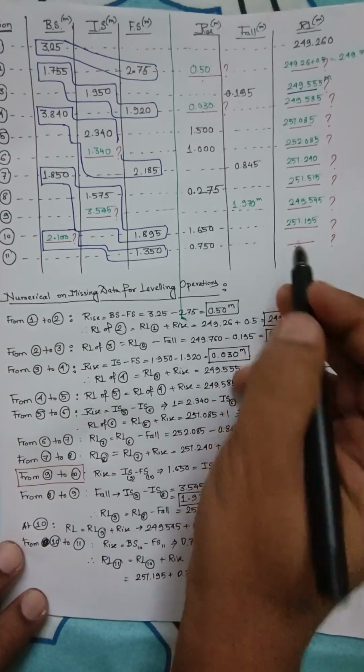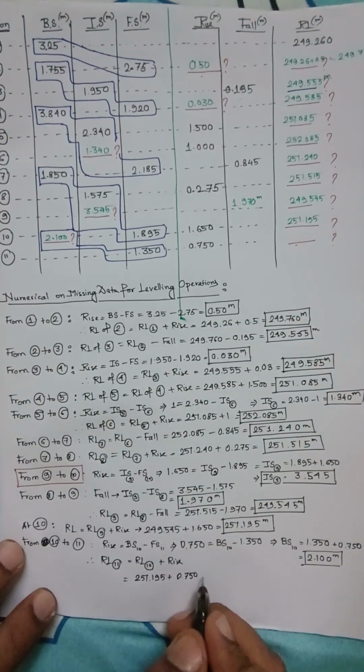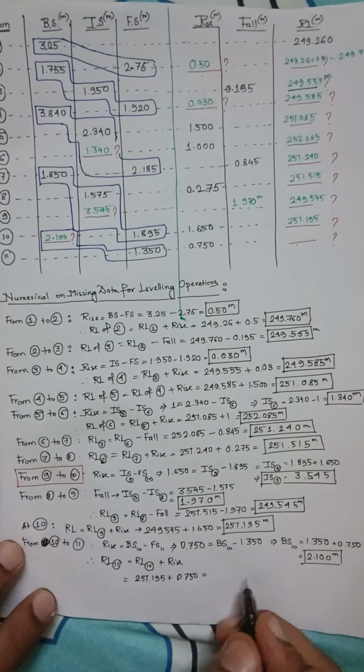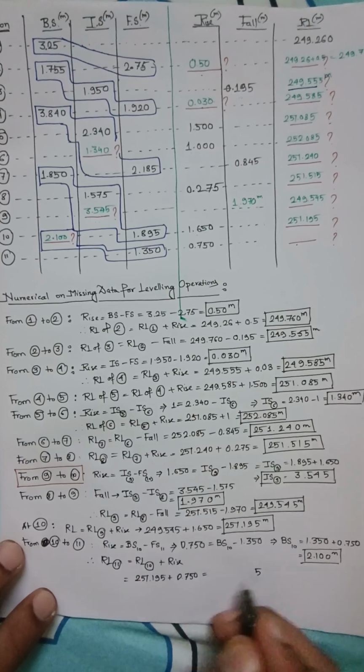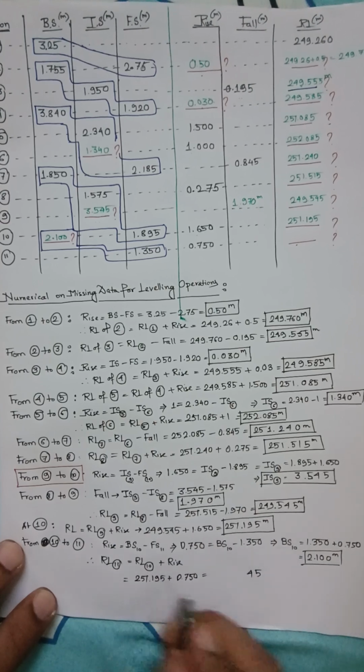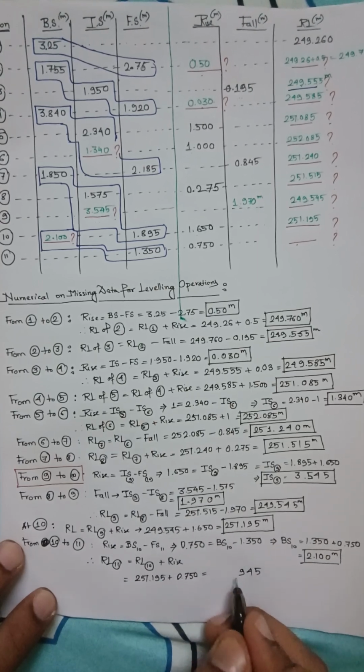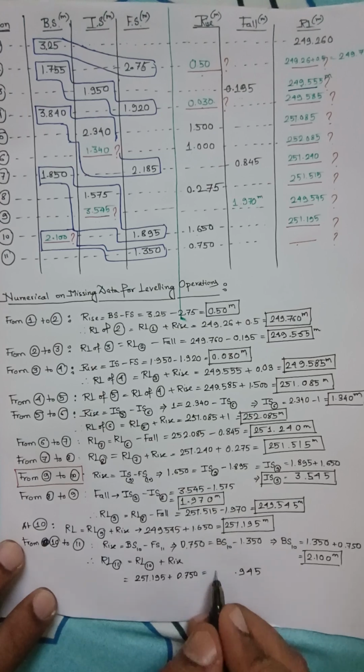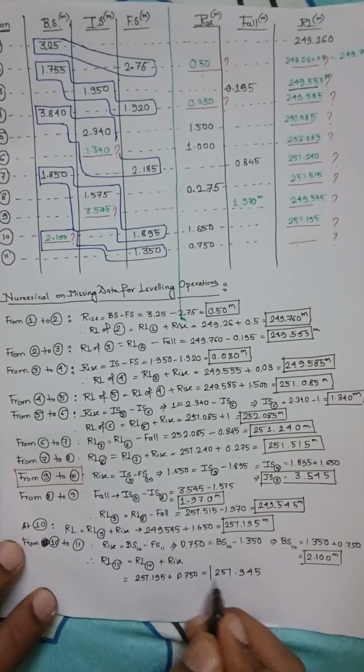This plus this is equal to this. Which gives us 5. 5 plus 9 is 14. 7 plus 1 is 8. Again, we have 1 in hand and we have nothing much.